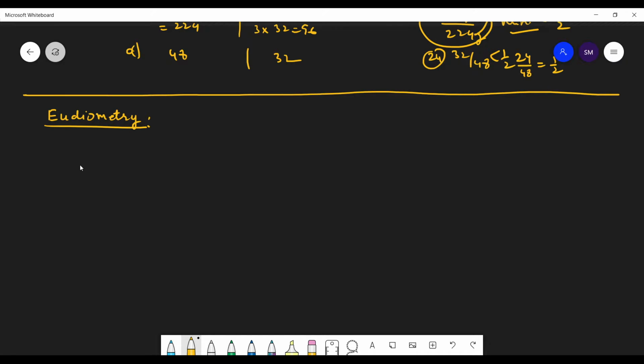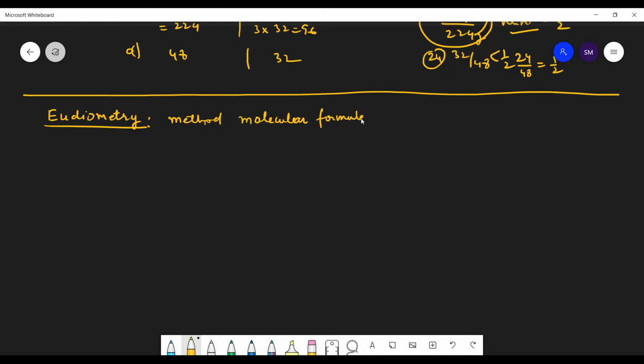So have patience, students. In eudiometry, we have a method. We use this method to determine the molecular formula, or even the percentage composition of the gaseous mixture. So basically, we have questions related to the molecular formula.